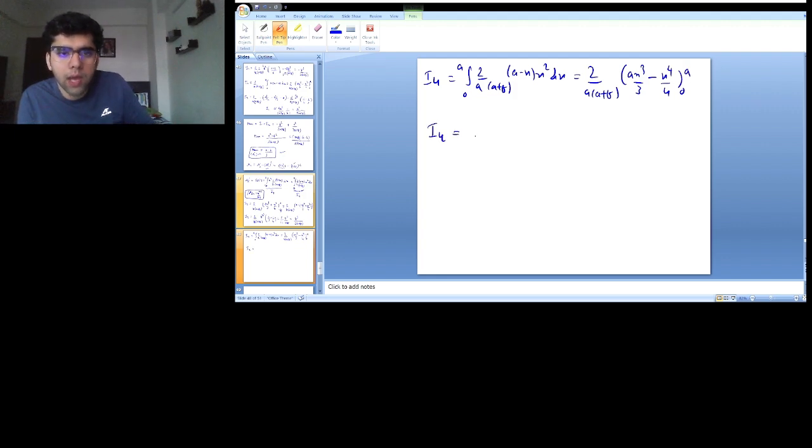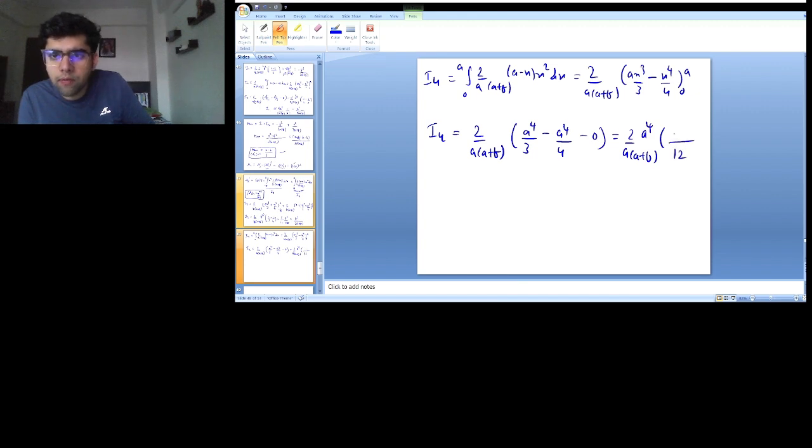This gives me I4 as 2 upon a plus b into a to the power 4 upon 3 minus a to the power 4 upon 4 minus 0, which gives me 2 upon a plus b, taking out a to the power 4 common, 1 upon 3 minus 1 upon 4, 12, 4 minus 3, 1.